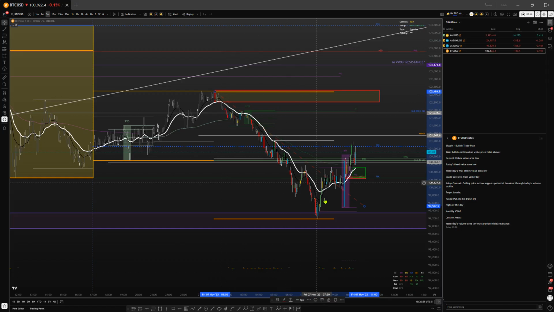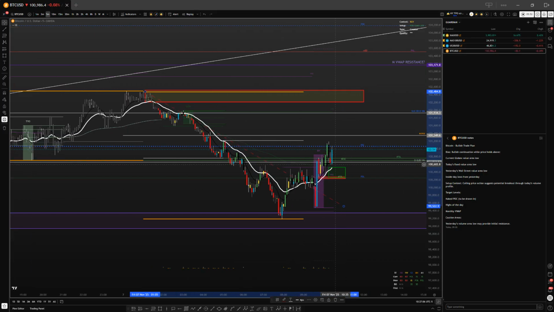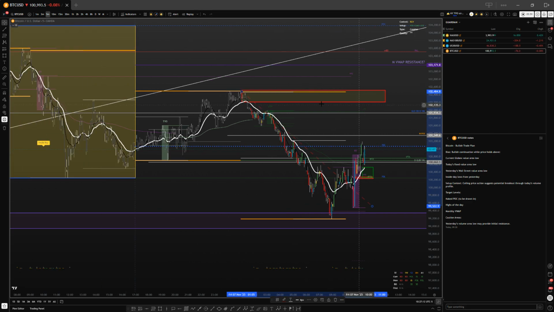So a dump, coil, and pump. I'm in anticipation of a pump out on the other side of that downtrend, so a short squeeze back into London traders' stops above.